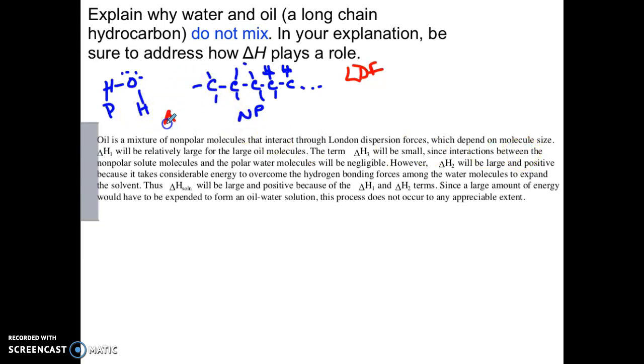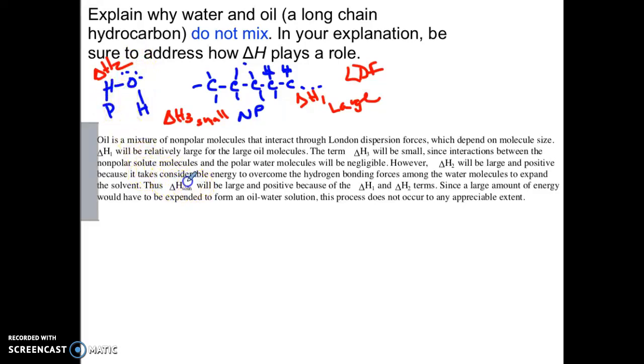So that delta H3 is going to be small, okay? This delta H1 is going to be relatively large. And then when we look at what would be the delta H2 here of the water molecule, would that be large or small? Delta H2 will be large and positive because it takes a considerable amount of energy to break these hydrogen bonds that would be amongst the water.